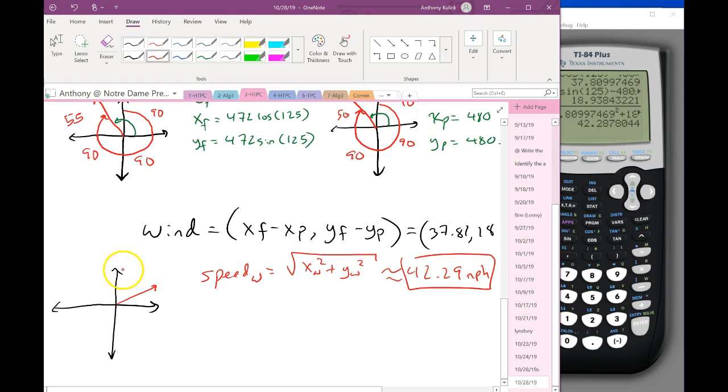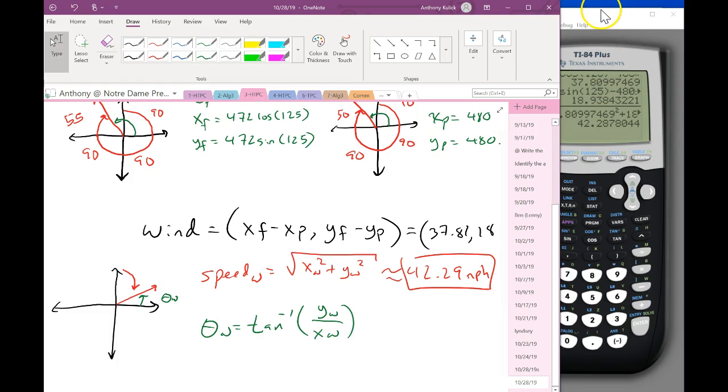And then I'm interested in the bearing, but I can't calculate the bearing directly, but I can calculate that standard position angle directly. And if we look at the relationship here, obviously the bearing is going to be the complement. So that standard position angle we can take by doing tan inverse of the y-coordinate of the wind over the x-coordinate for the wind.